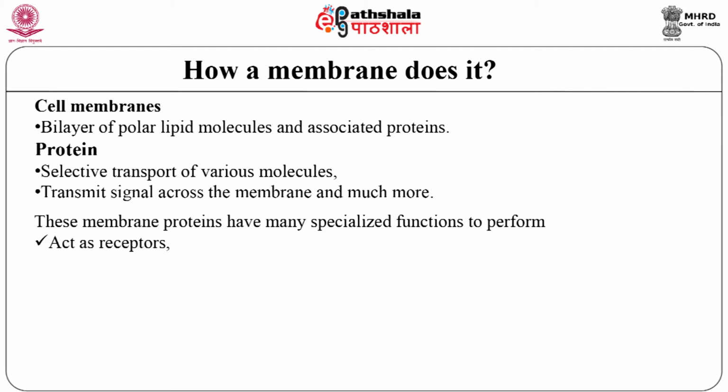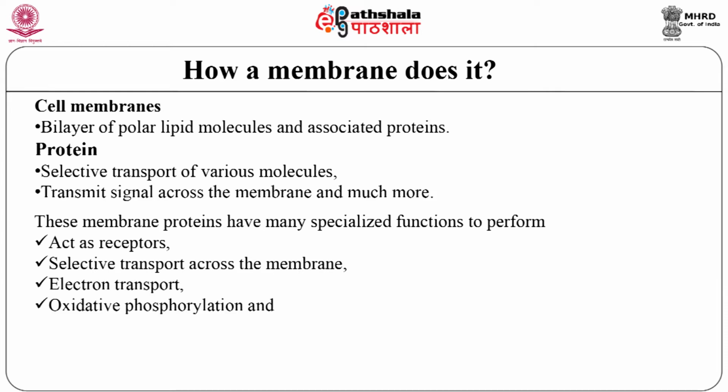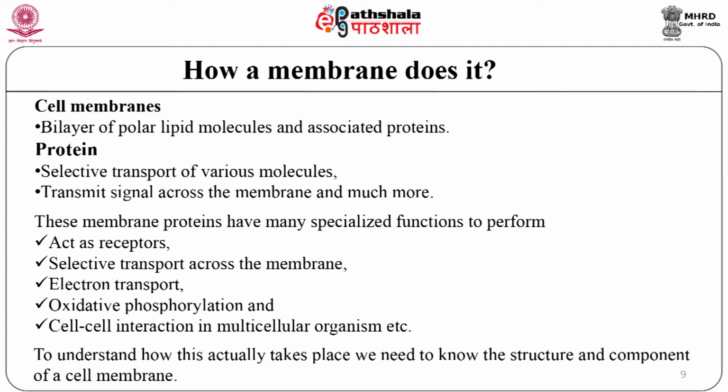They are involved in selective transport across the membrane. They participate in electron transport, oxidative phosphorylation, cell-cell interaction in multicellular organisms, etc. To understand how this actually takes place, we need to know the structure and components of the cell membrane.